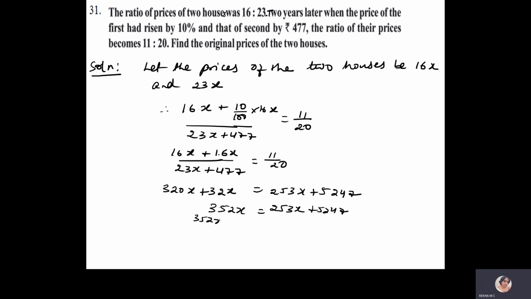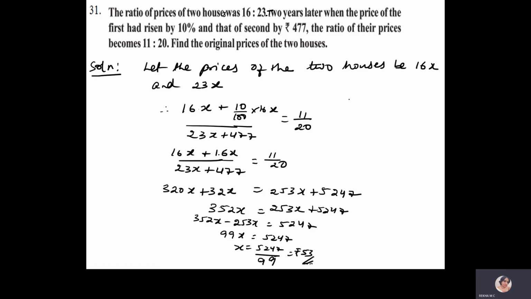So 352x minus 253x is equal to 5247. 99x is equal to 5247. X is equal to 5247 divided by 99, that is equal to 53.